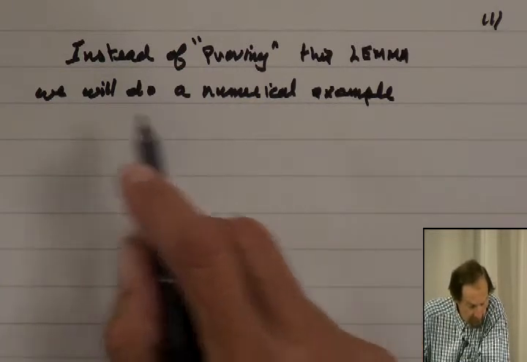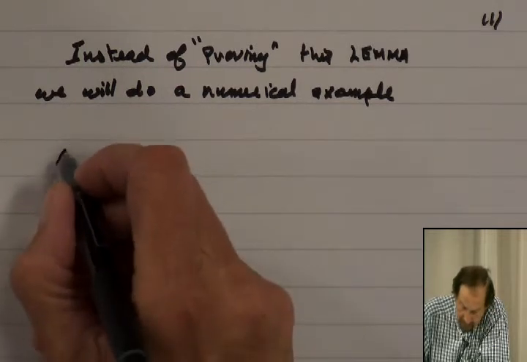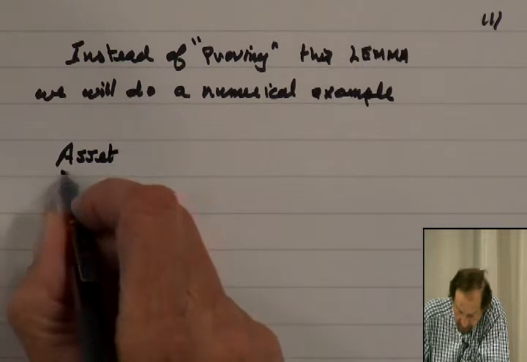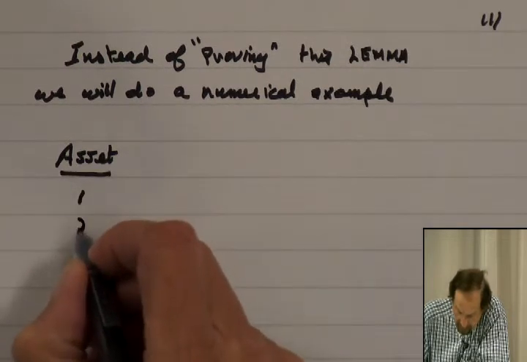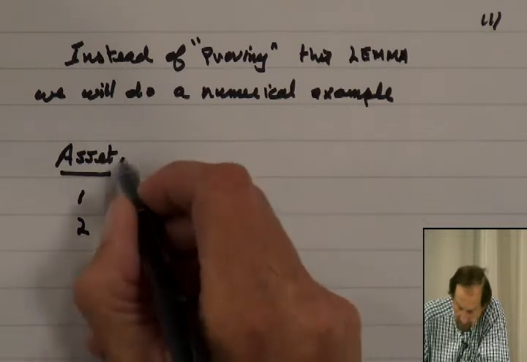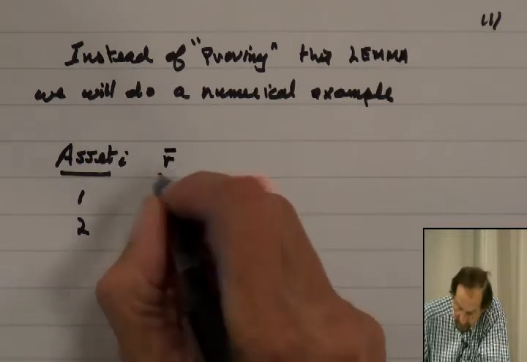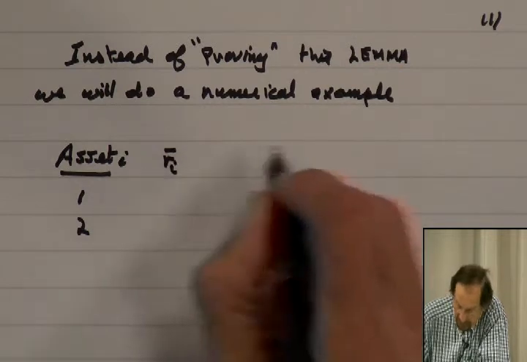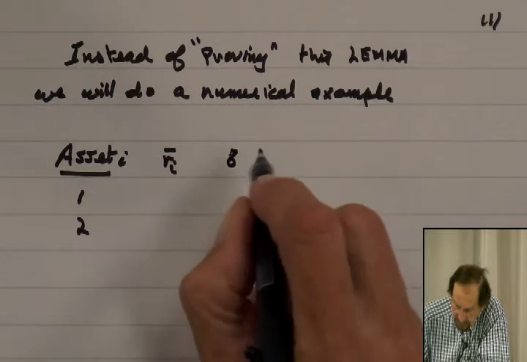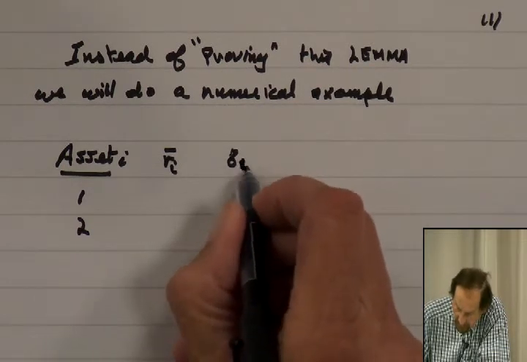Now, let's consider two assets, 1 and 2. And for those, let's suppose we have the following data for the expected rate of return and the standard deviation.